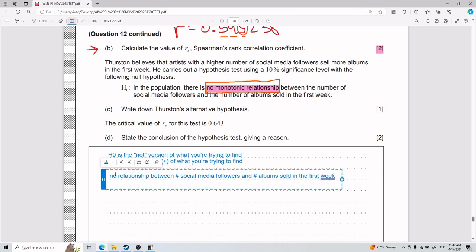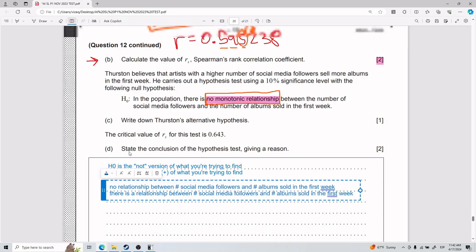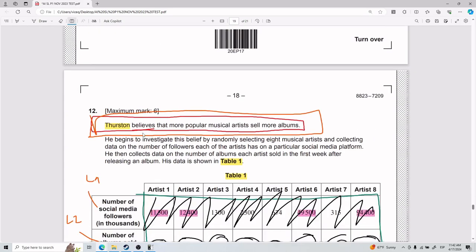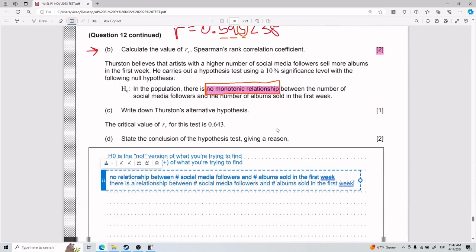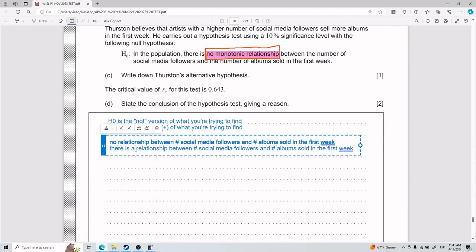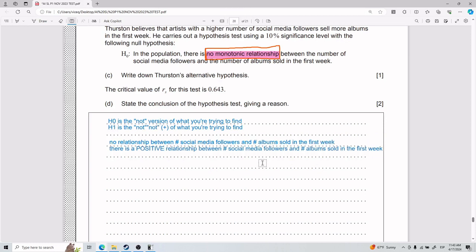And because H1 is just the opposite of H0, you can say that there is a relationship between number of social media followers and number of albums sold in the first week. Now, let's remember that Thirsty Thurston told us that he believes that more popular means more albums. And so to be very rigorous here, you would say that there is a positive relationship between number of social media followers and number of albums sold in the first week.